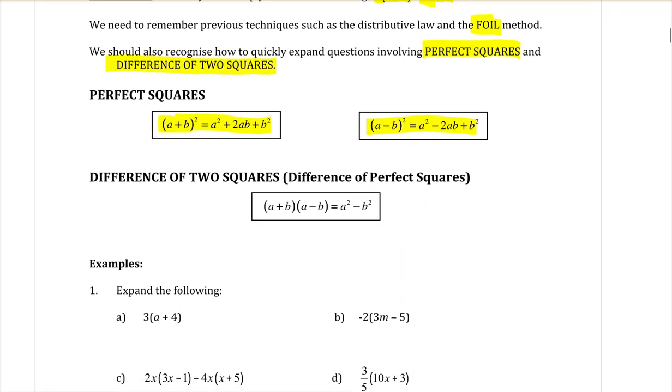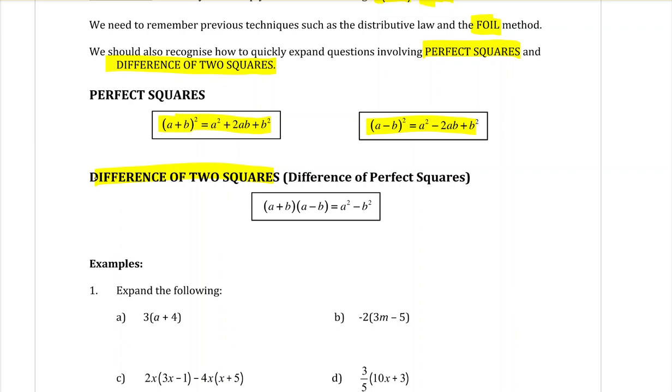Then we have another one, and don't get this confused. This is not a perfect square. This is a difference of 2 squares. Okay? And it means that the 2 brackets that we have are the same, except that one is a plus and one is the minus. And the difference of 2 squares is actually what it expands out to give.